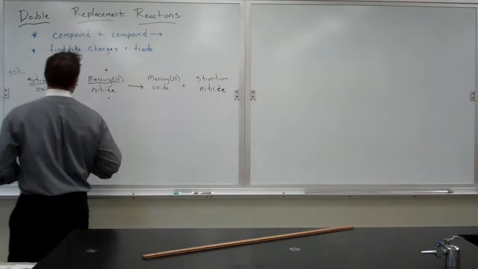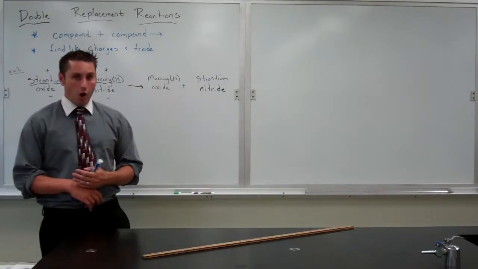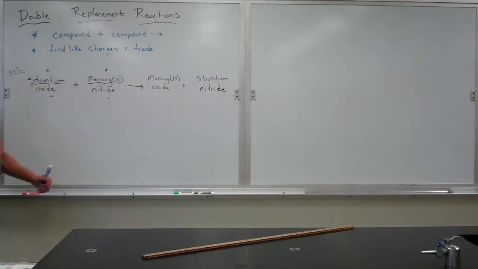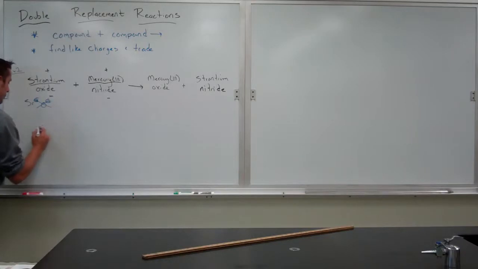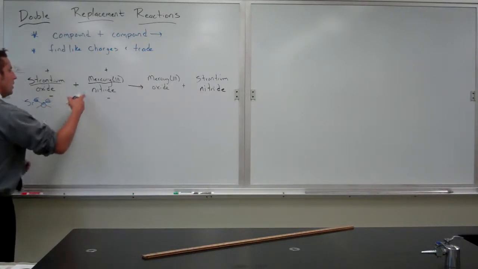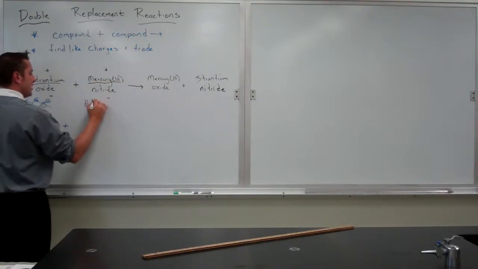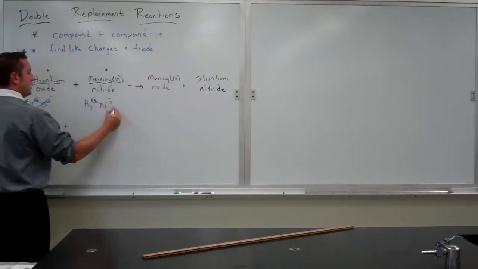Strontium oxide, mercury nitride, mercury oxide, and strontium nitride are all compounds. None of them have prefixes. So we will do symbols and charges to get all of them. Strontium is Sr plus 2, oxygen O negative 2, cross and reduce, and you get SrO. Mercury is Hg. The Roman numeral 3 tells me it's plus 3. Nitride is N. Group 15 gets a minus 3.